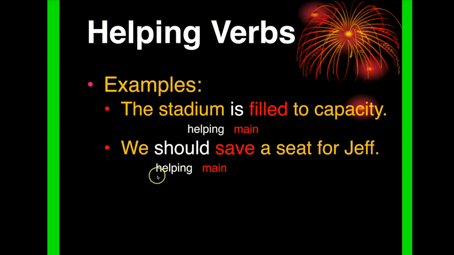In your next example, we should save a seat for Jeff. Save is our main verb, but we're helping it with the verb should. So our verb phrase is should save, made up again of a helping verb and a main verb.